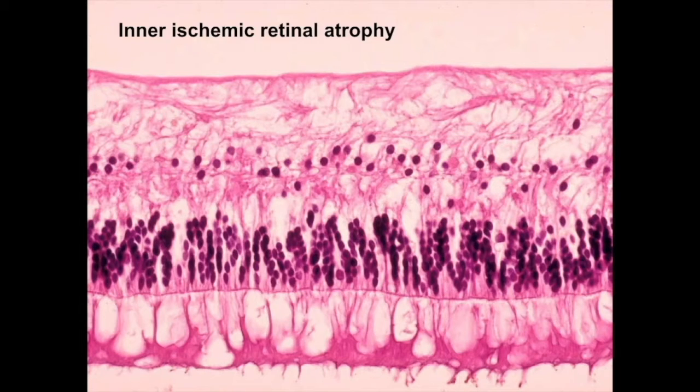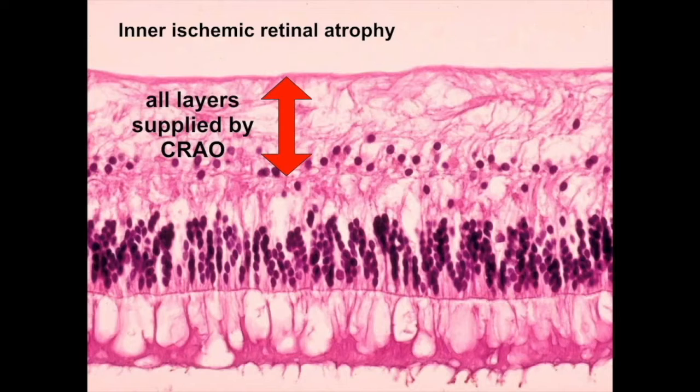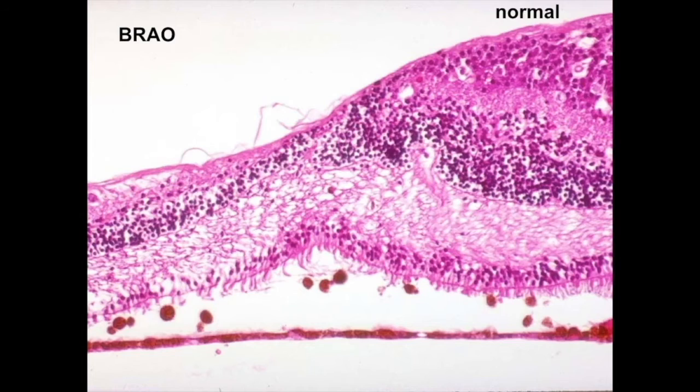After an artery occlusion, all of the layers supplied by the central retinal artery undergo atrophy. This leads to the appearance of inner ischemic retinal atrophy. You don't see gliosis either because the glial cells reside in the same area and are also killed by the little mini stroke.